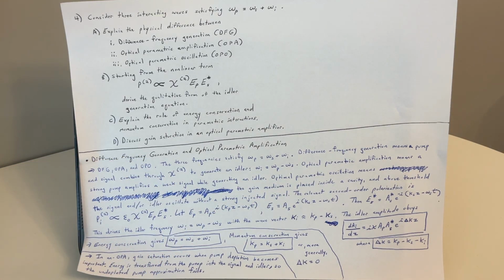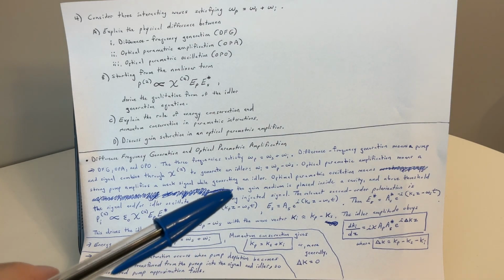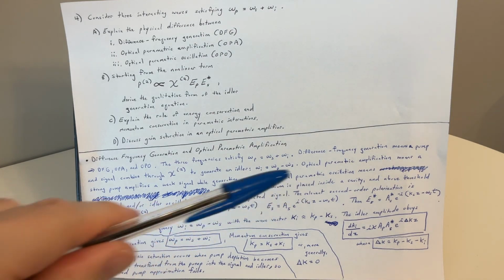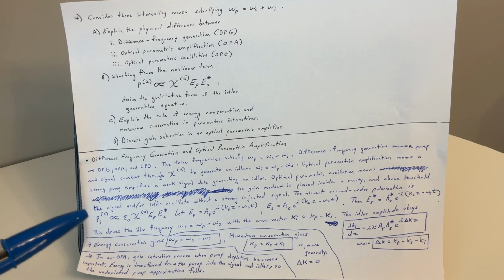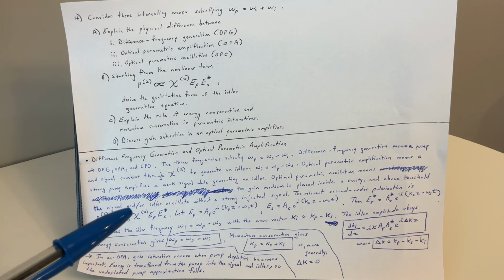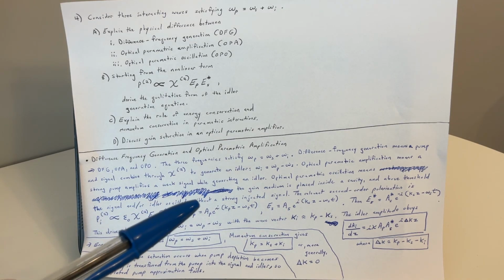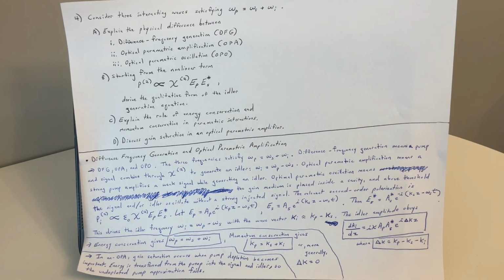Optical parametric amplification means a strong pump amplifies a weak signal while generating an idler. Optical parametric oscillation means the gain medium is placed inside a cavity and above threshold. Okay, the signal and/or idler oscillate without a strong injected signal.